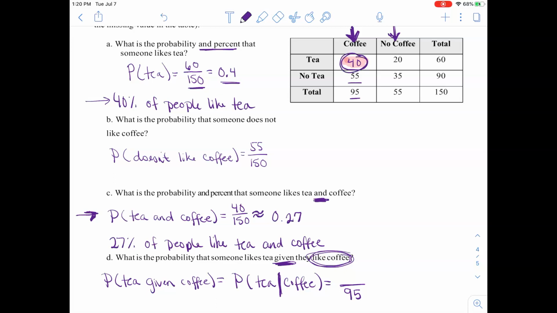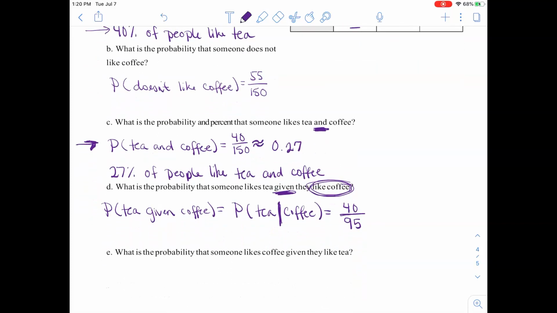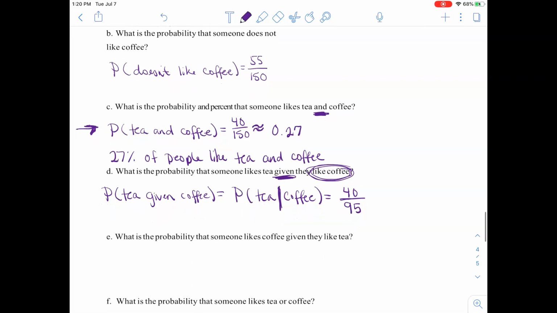Oh, it's just these 40. So it's like this is making you narrow in, okay? So the given is no longer looking at everybody. It's narrowing in what you're looking at. So, and it didn't ask for percent, it didn't ask for a decimal, so I can leave it like that.